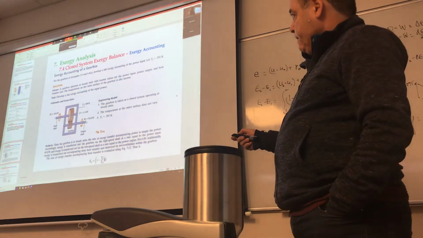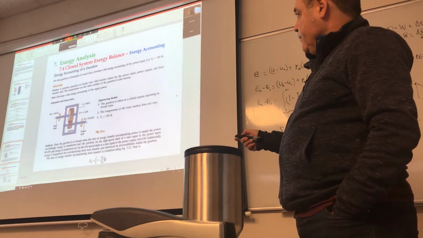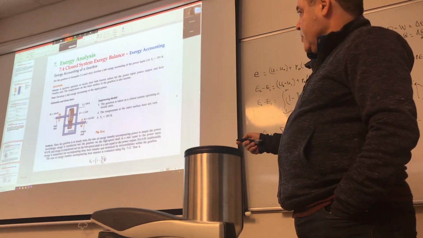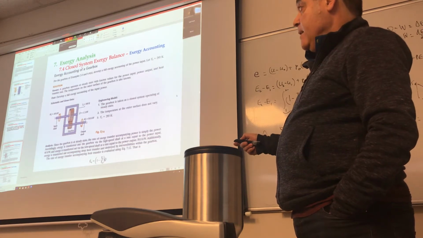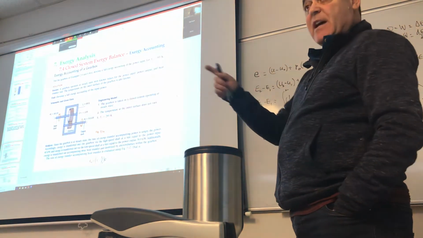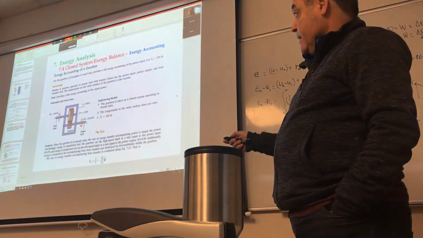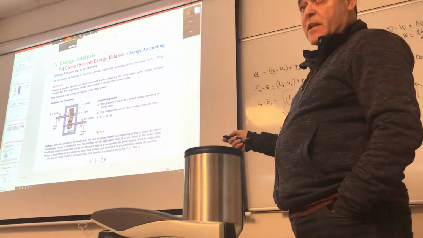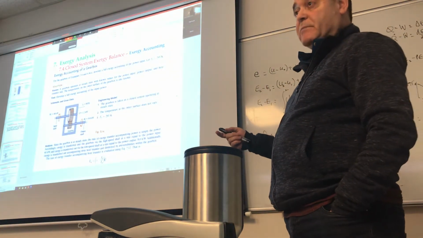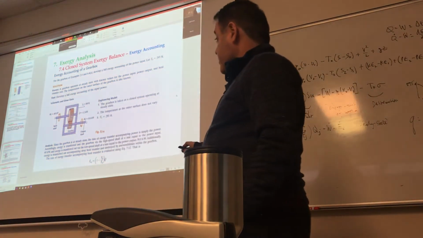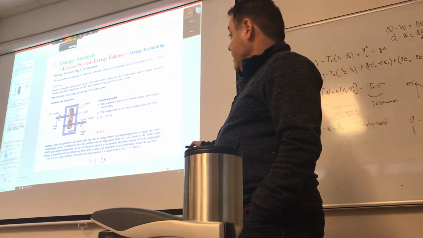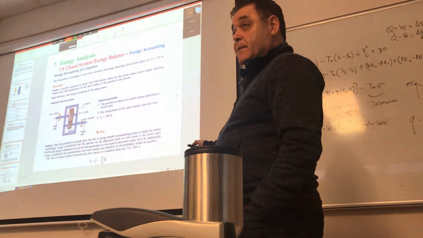What is the work that is crossing the boundary here? Obviously, there is work in, because of the shaft that's coming in. Does it surprise you that it's minus 60 kilowatts? It's negative because you are putting work into the system, but you get the output shaft that's bringing out 58.8.